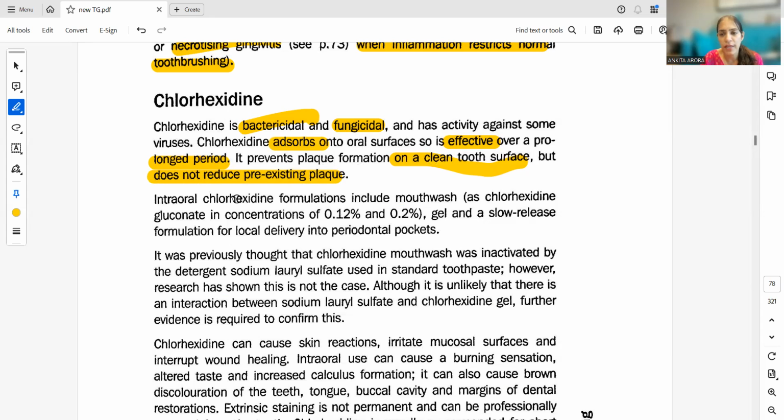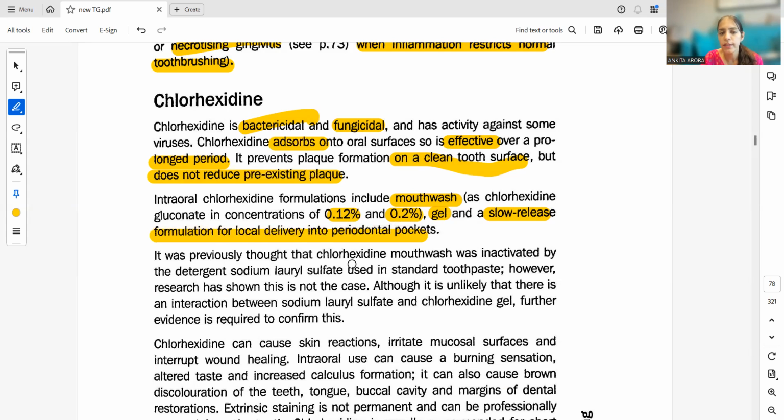So pre-existing plaque can only go by scaling and prophylaxis, manual debridement. Intraoral chlorhexidine formulations include mouthwash, which is chlorhexidine gluconate in two major concentrations that will be used throughout, 0.12% and 0.2%, and then gel and a slow-release formulation for local delivery into the periodontal pockets.